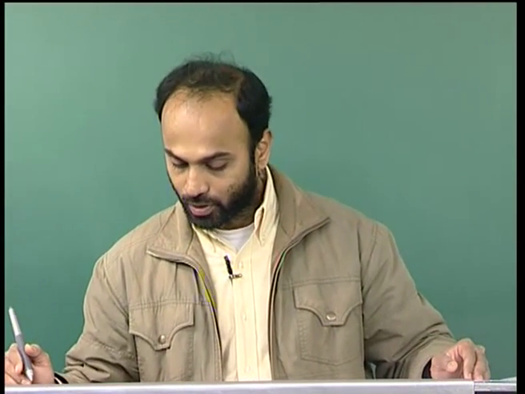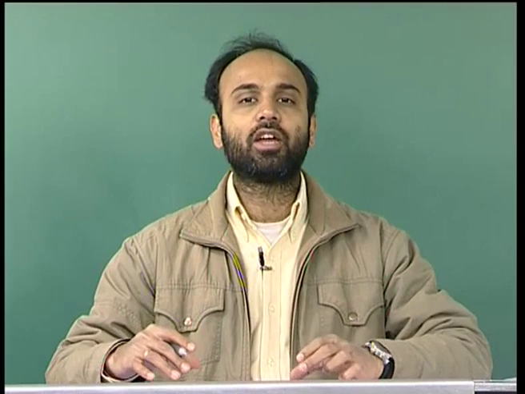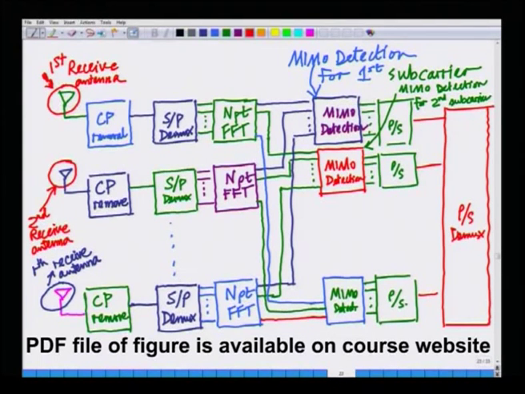Okay. So, this is the complete MIMO receiver schematic, which looks slightly complicated, but it is simple once you realize that the processing for OFDM, that is the cyclic prefix removal and the FFT operations, has to be done at each receive antenna.